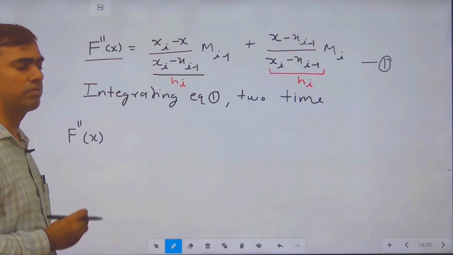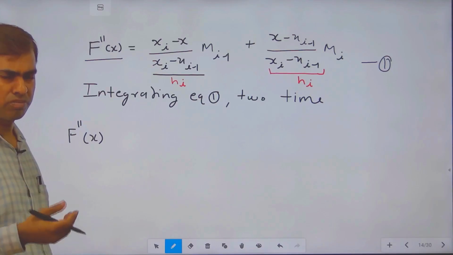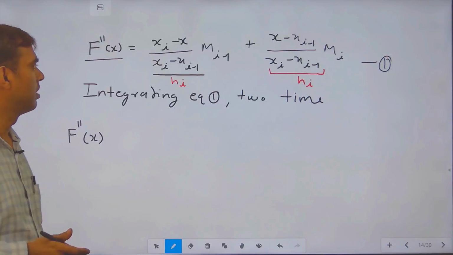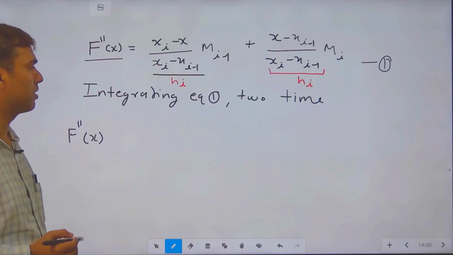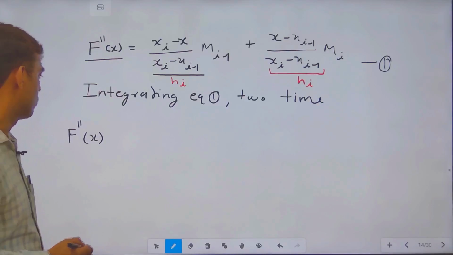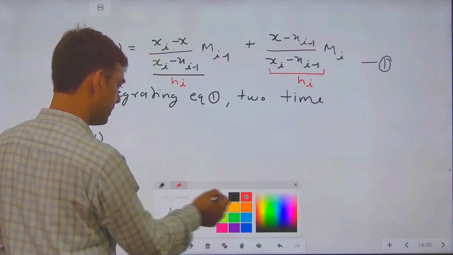This is the length between two successive nodes, because nodes are also known as knots. So x_i minus x_{i-1} is denoted by h_i. What is the value of the integration?